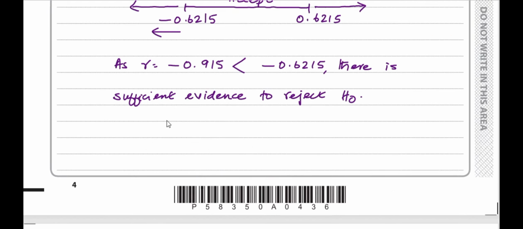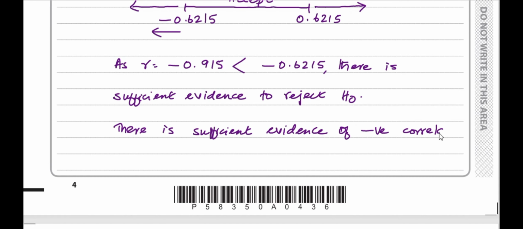We also need to interpret this, so we will write there is sufficient evidence of negative correlation between the W pounds and T degrees centigrade.